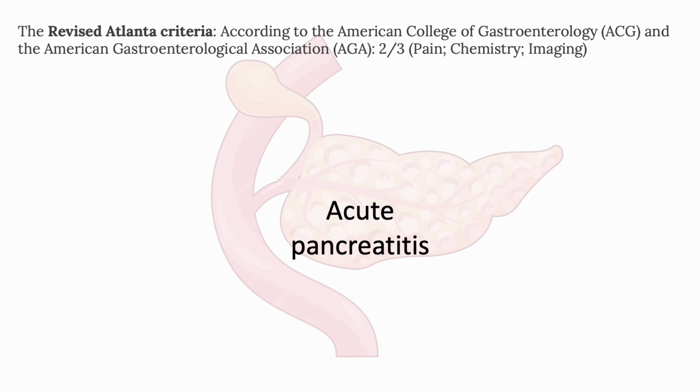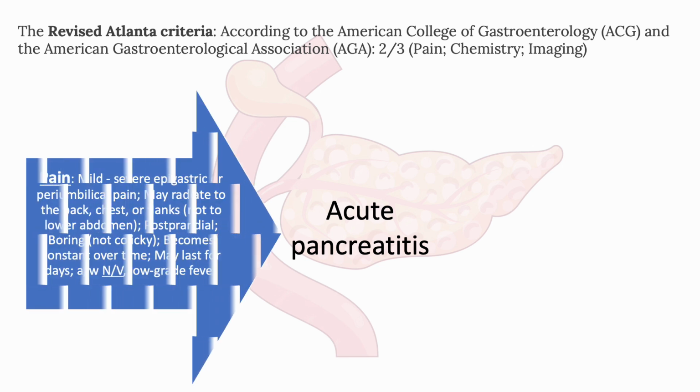Basically you need 2 out of 3: characteristic pain of acute pancreatitis, the chemistry, including labs, specifically amylase and lipase, and then imaging. So if any 2 of these are suggestive of acute pancreatitis, you can make the diagnosis. You don't need all 3 of them.